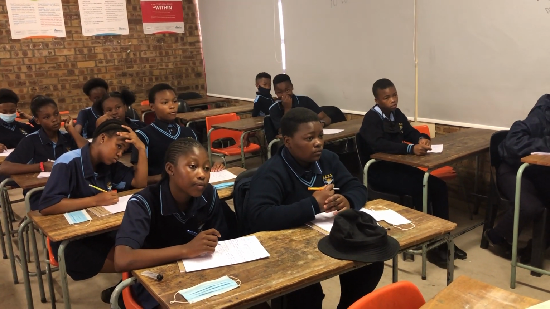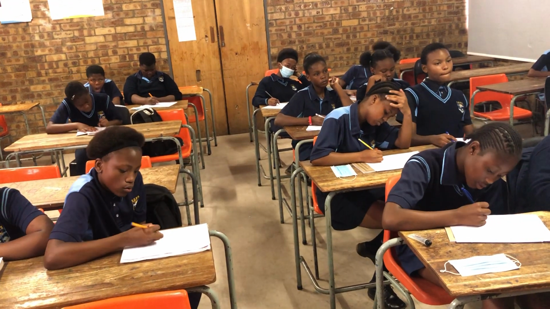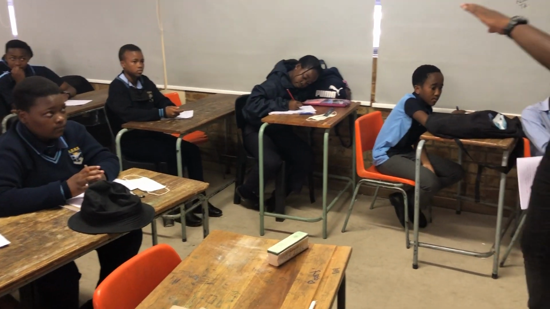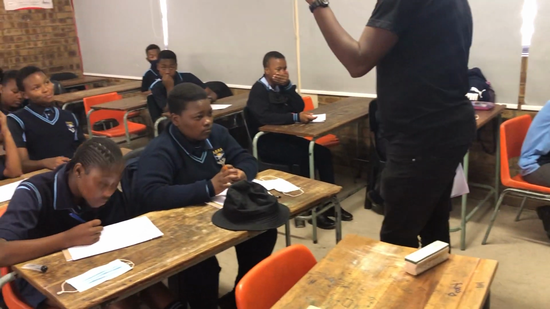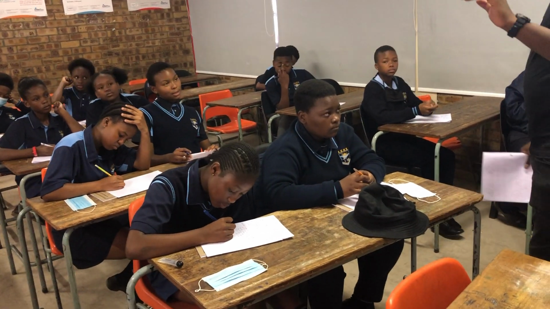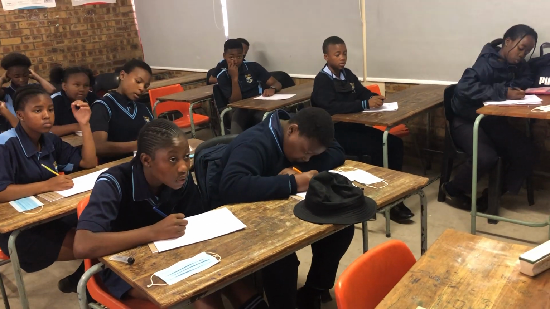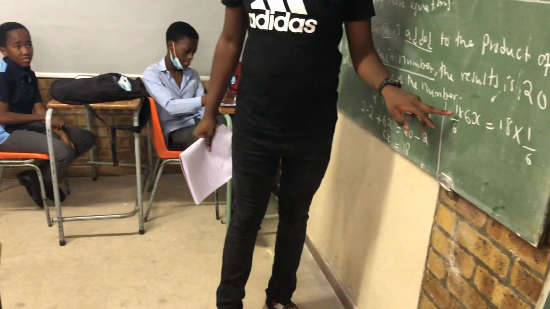Right? We multiply by 1 over 6. And we said, if we have a fraction, we multiply the numerators with the numerators and the denominators with the denominators. Right? 1 multiplied by 6 is 6.